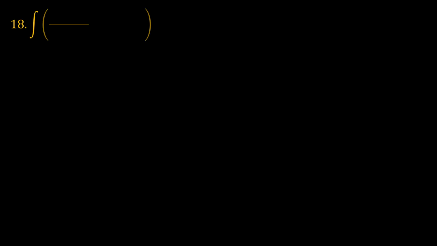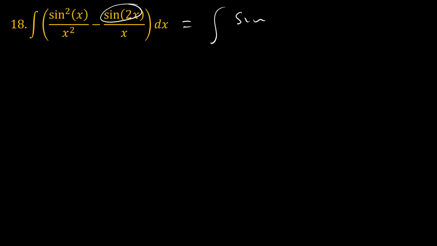So problem number 18, which is the indefinite integral of sine squared of x over x squared minus sine 2x over x. This is the same as, let's try to expand this out so that things seem a little bit visible there.